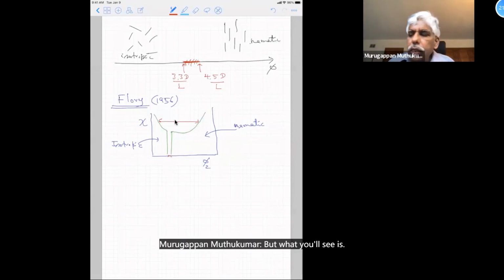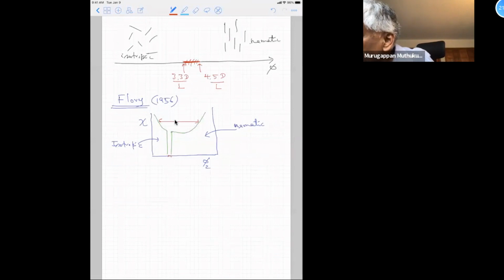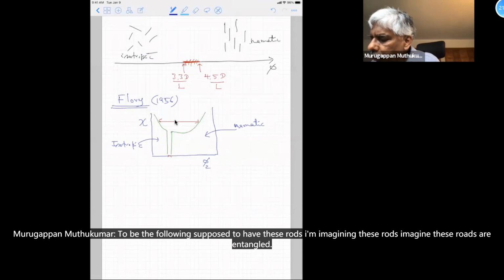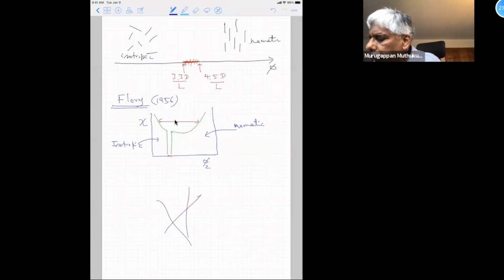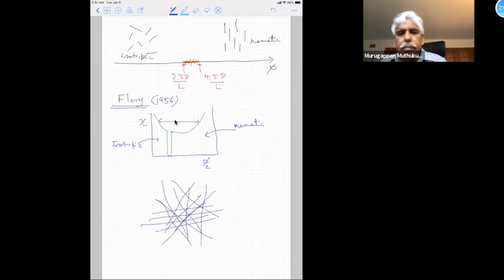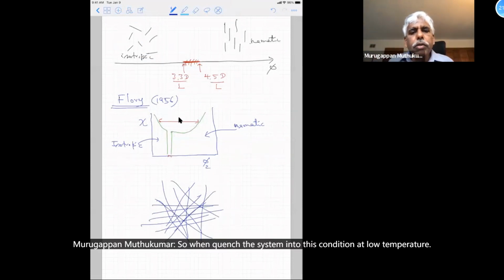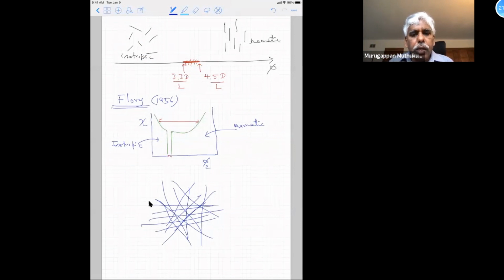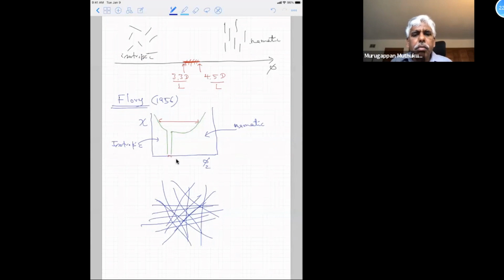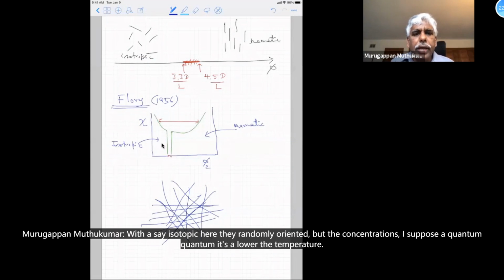But what you will see is it will turn out to be the following. Suppose I have these rods. Imagine these rods are entangled, meaning they are jammed. So when I quench the system into this condition at low temperature, I'll take a solution of rods which are, say, isotropic here.